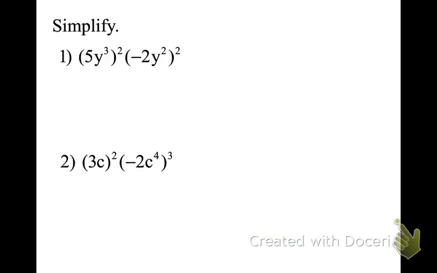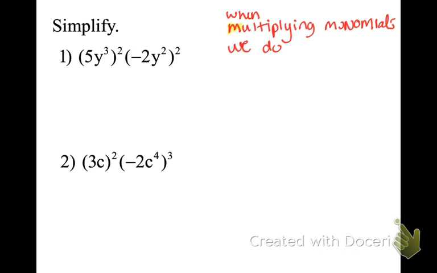Now, when you have a power to a power, when multiplying monomials, we always do power to a power first.